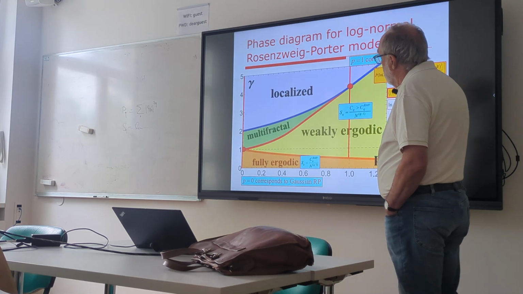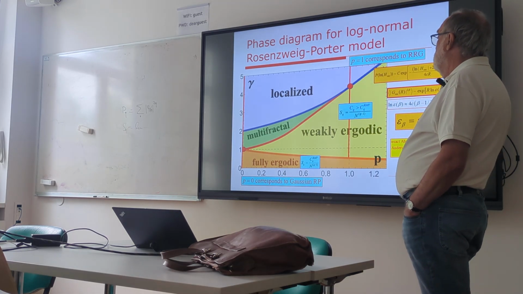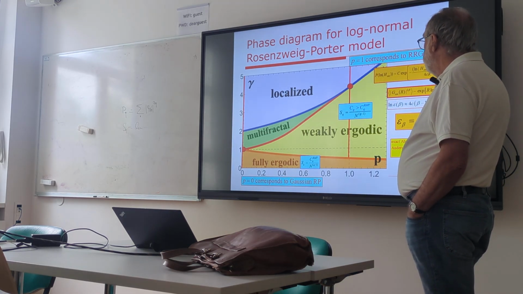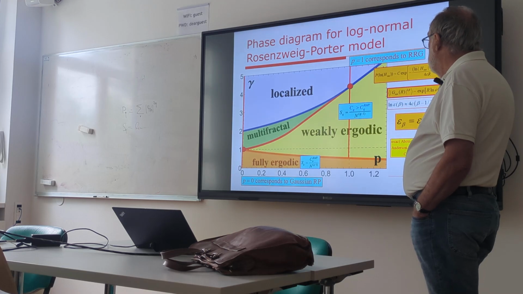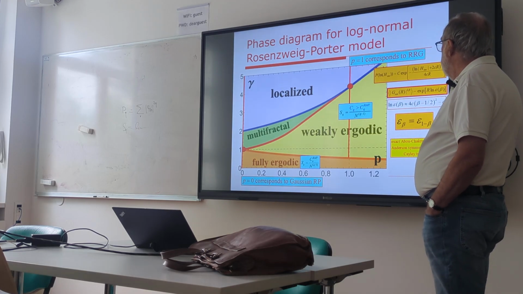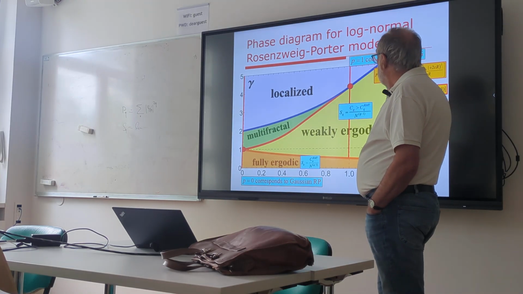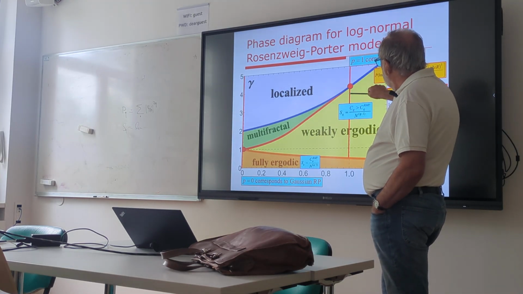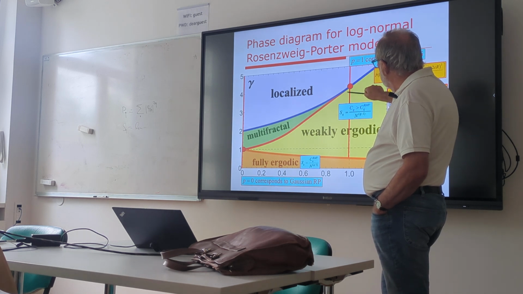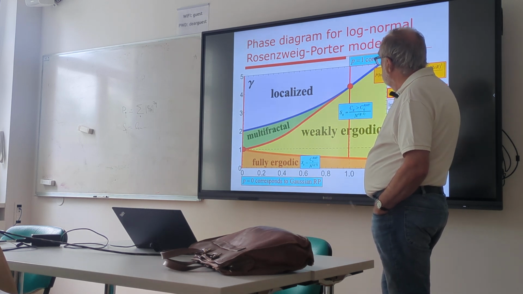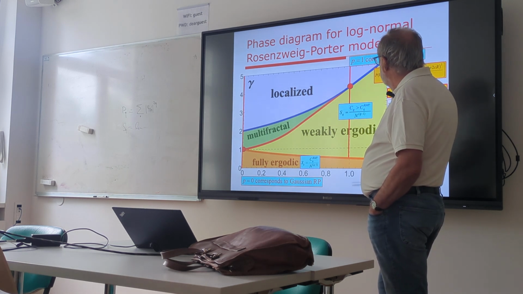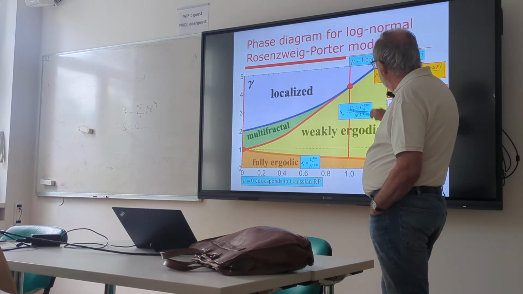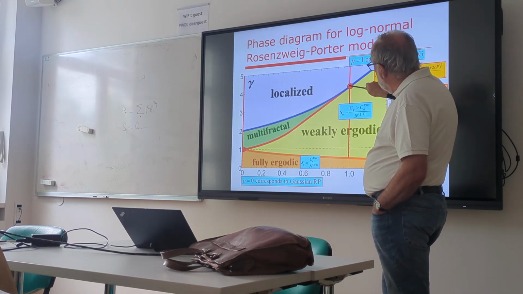This means that the mapping that I did is actually sensible. It makes sense, and also this transition from the ergodic case to the localized case in the random regular graph is not simple because it goes through the 3 critical points.